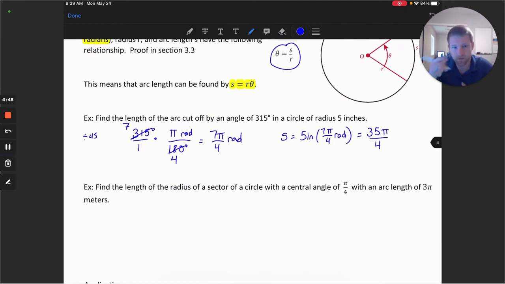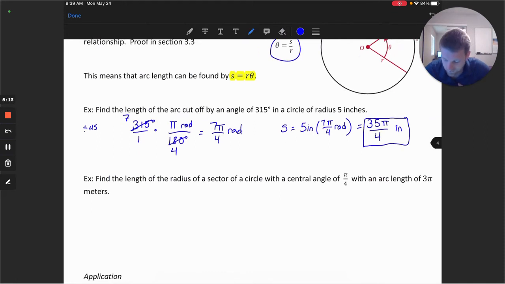The units here of arc length are just going to be the units of our radius. So this would be inches. So we can leave that as complete. That's our arc length cut off by this angle of 315 degrees at a radius of 5 inches.